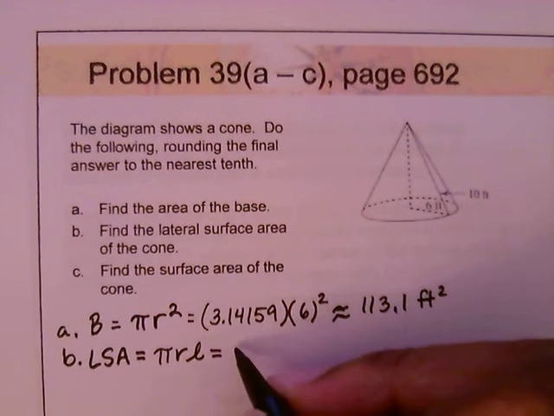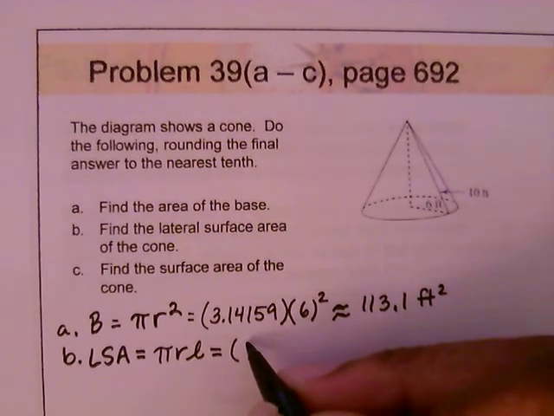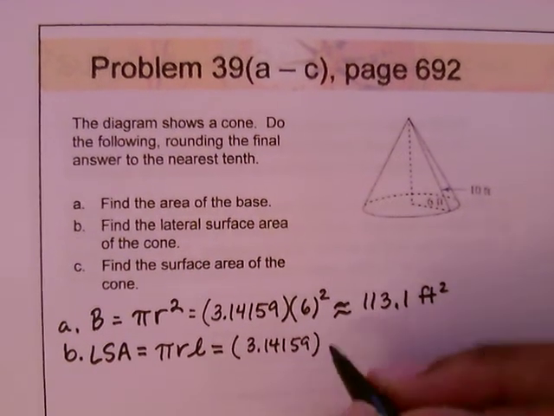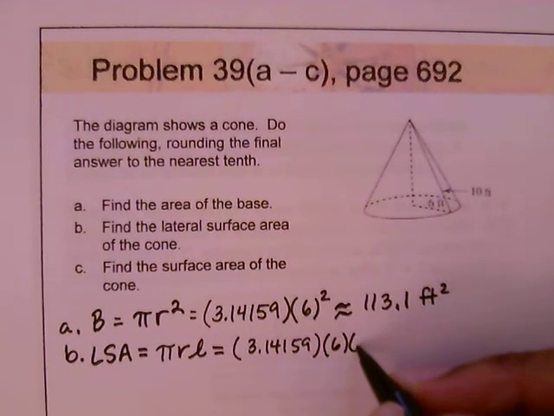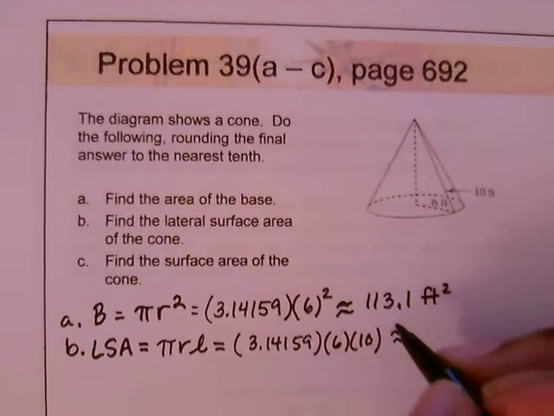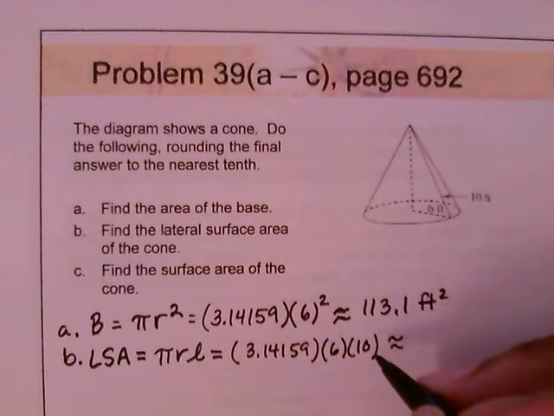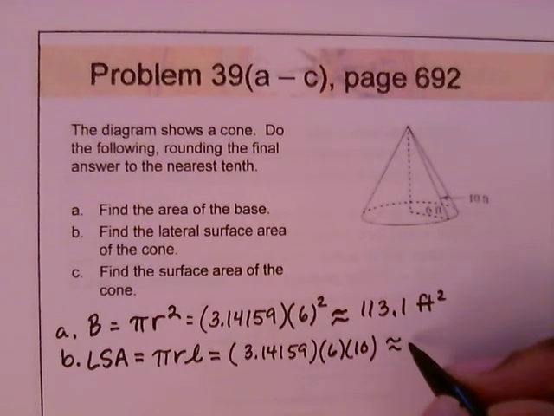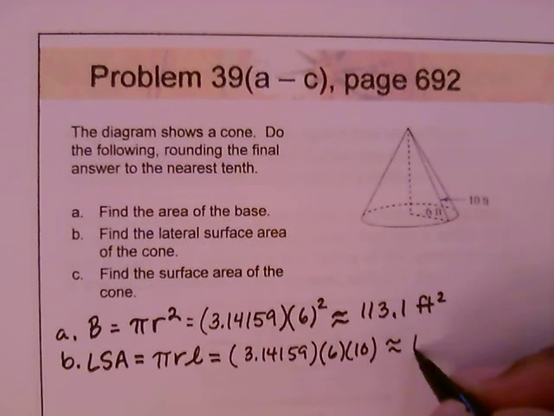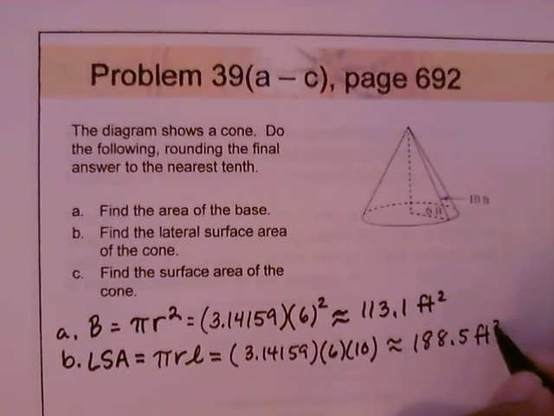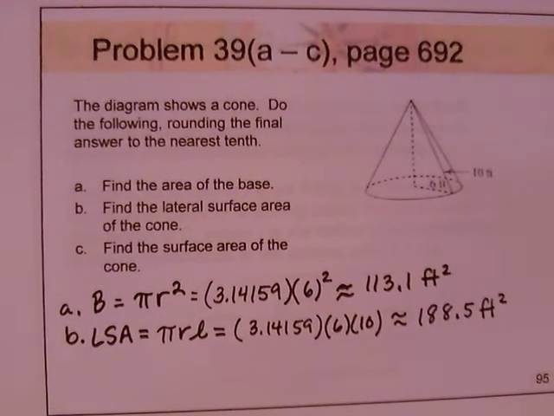So this will be 3.14159 times the radius, which is 6, times the slant height, that's 10. I'm just going to multiply all this out, round it to 1 decimal place, as they say. This will be approximately 188.5 square feet. And I'm not doing this in my head. I did work the problem out beforehand.